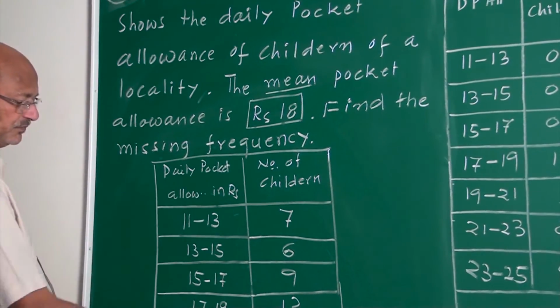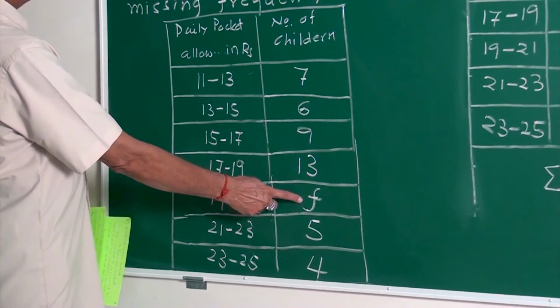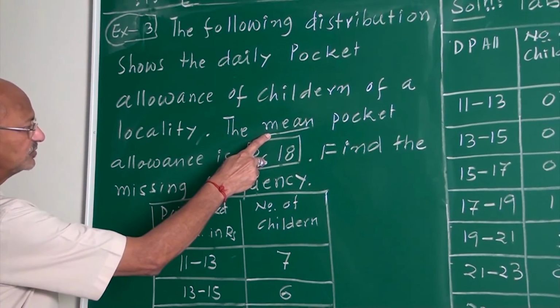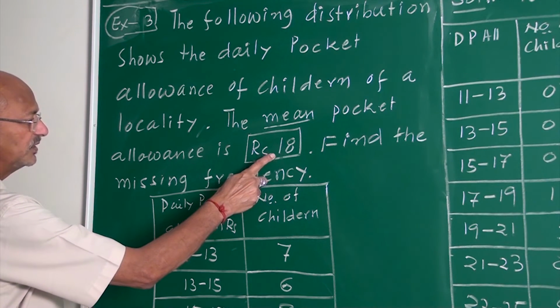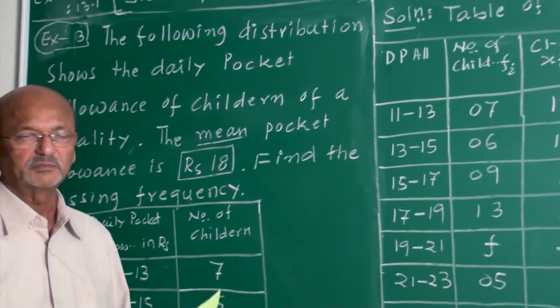To find F, the support given is the mean of the distribution, which is 18. By making use of this, you have to find the frequency. Once again, we make use of the direct method only.